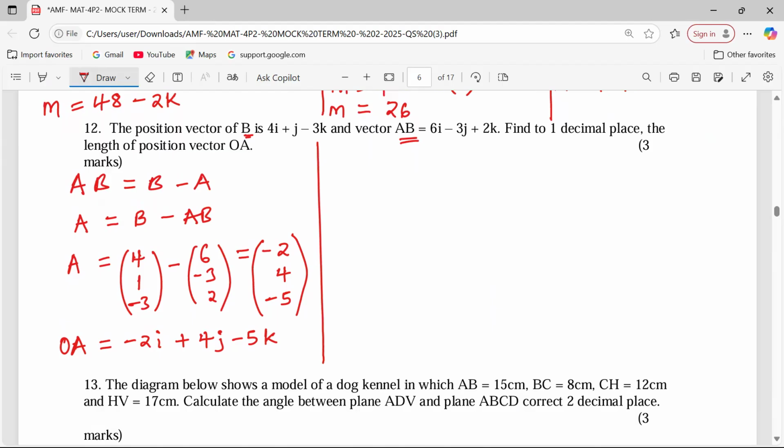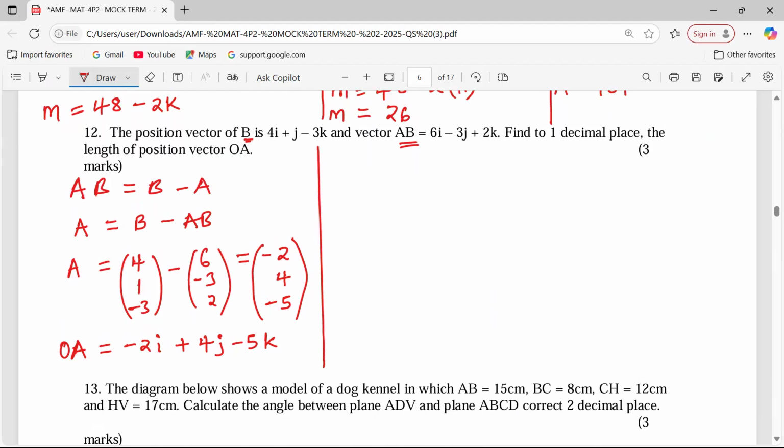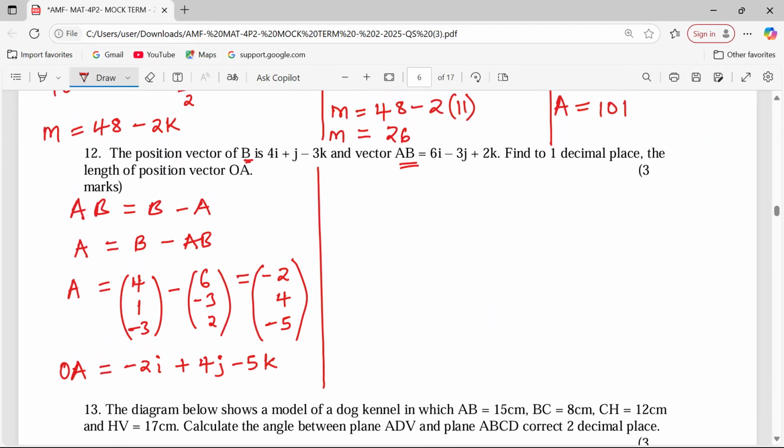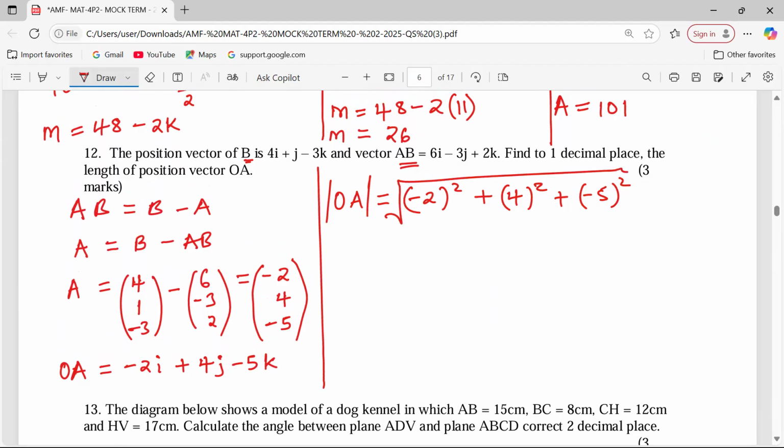This means that if we need the magnitude of OA, we're supposed to talk about negative 2 squared plus 4 squared plus negative 5 squared. Then we take the square root that way.